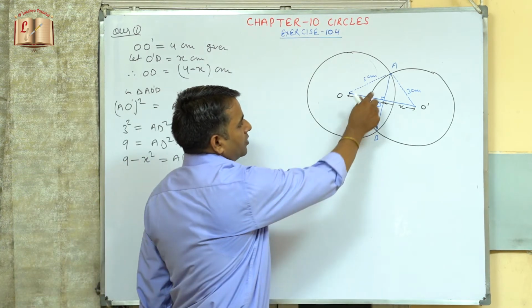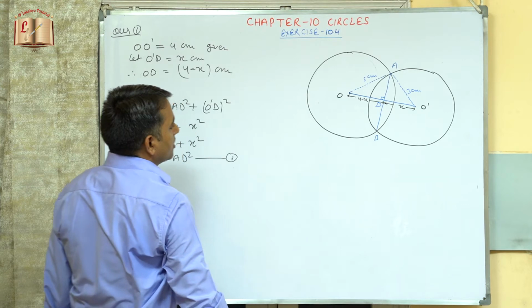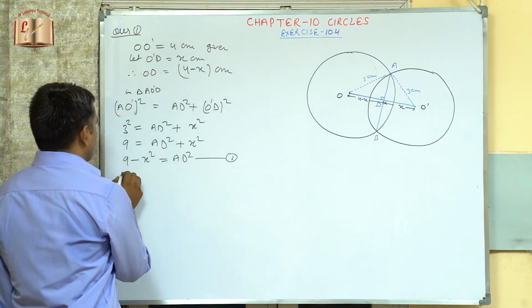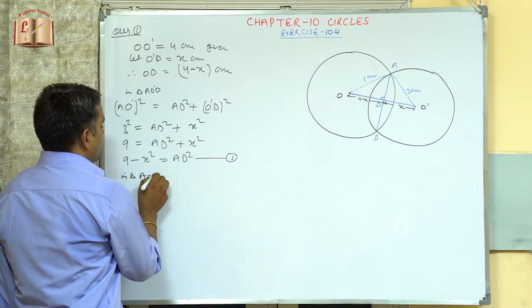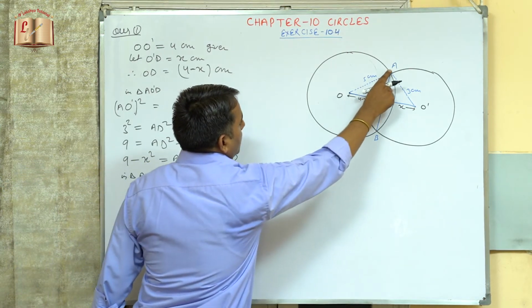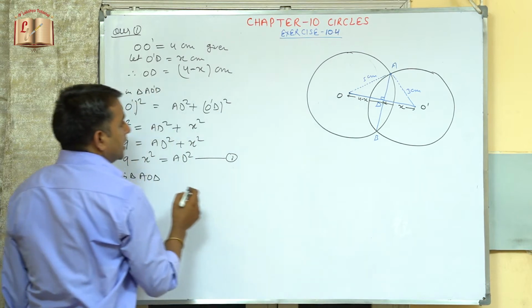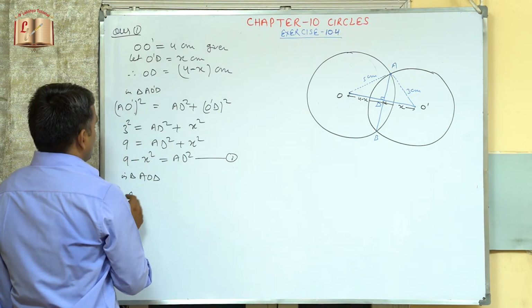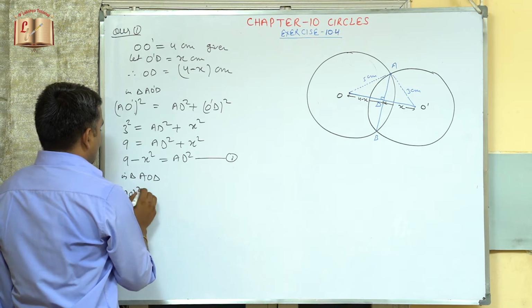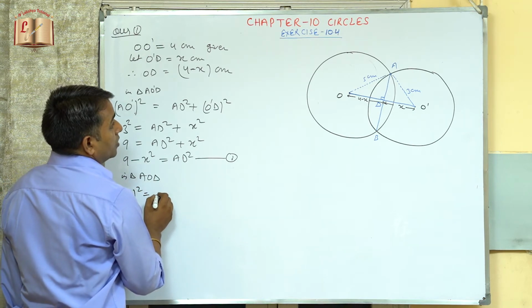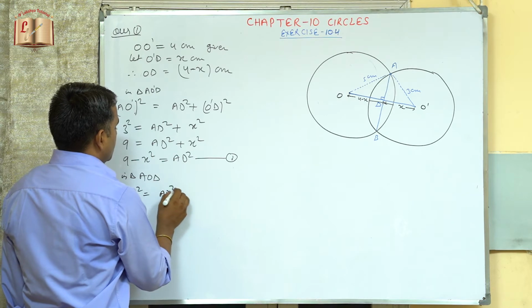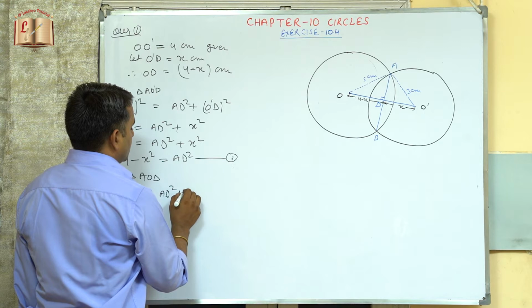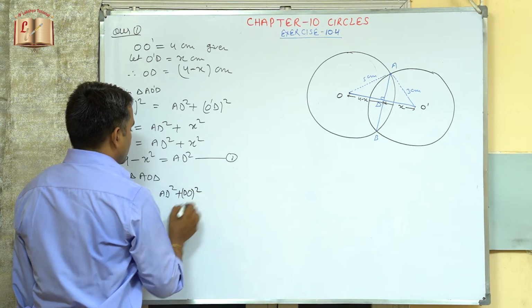Now similarly we will apply the Pythagoras theorem in triangle AOD. Here AO square will be equal to AD square plus DO square.